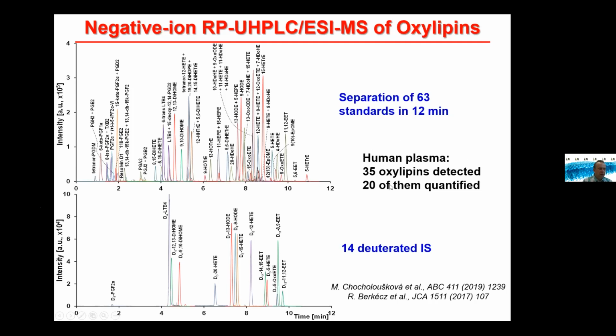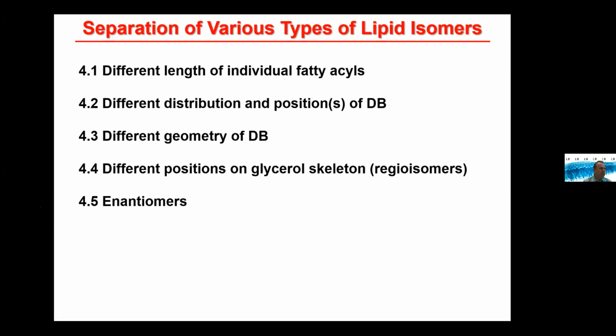And this was applied then for analysis of oxylipins in human plasma. But in the literature, you may find even better examples with more species. And this was already presented also here by Ed Dennis, that even more oxylipins could be detected in biological systems.